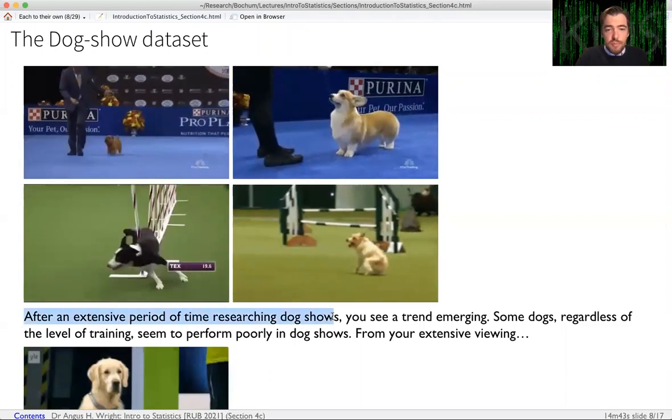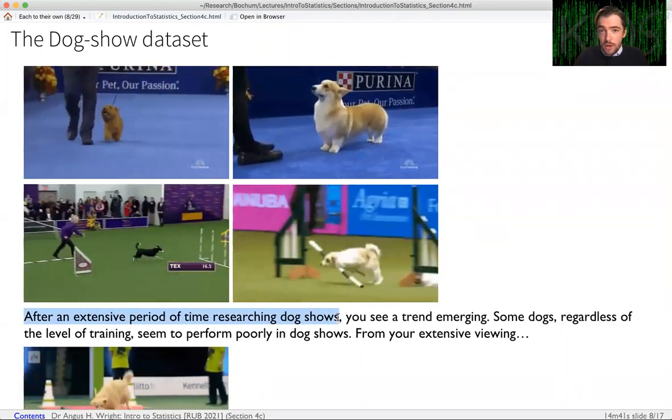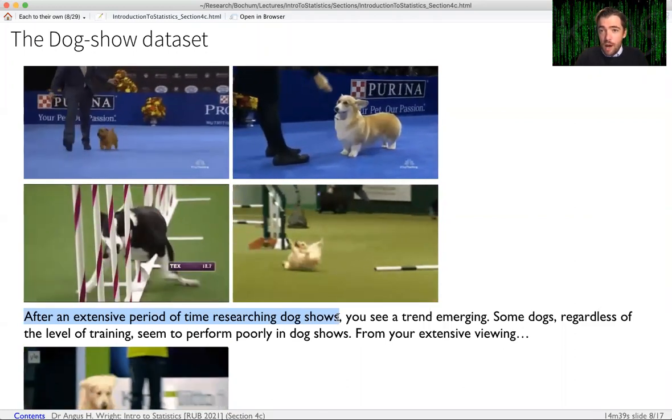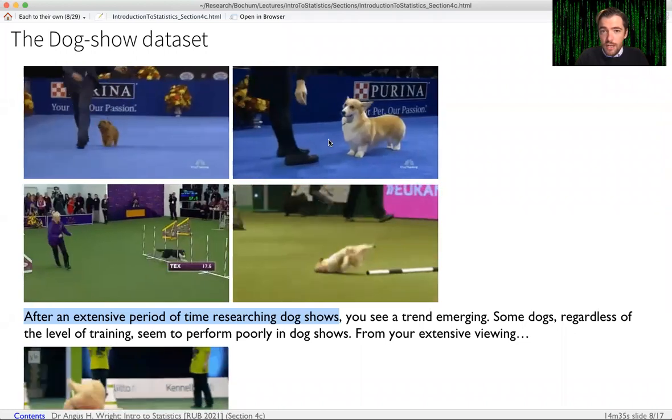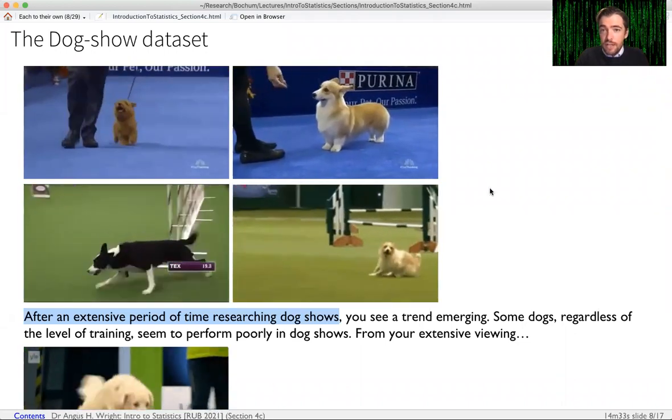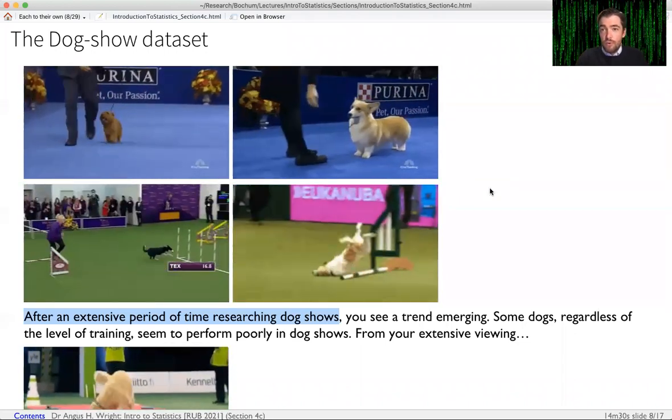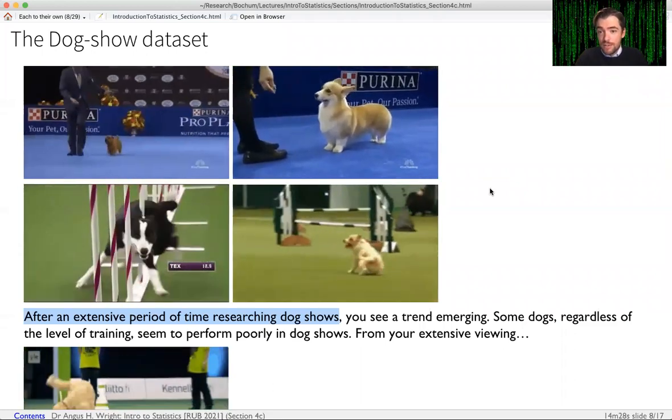After an extensive period of time watching dog shows, you realized there were a couple of trends emerging. Some dogs, like this little guy here, regardless of their level of training, seem to perform poorly compared to others.